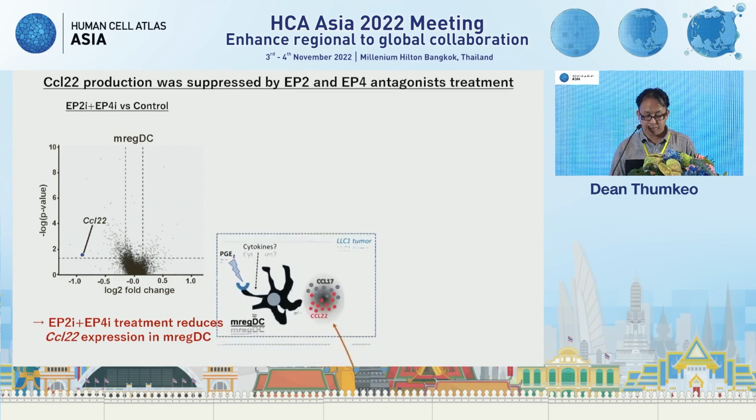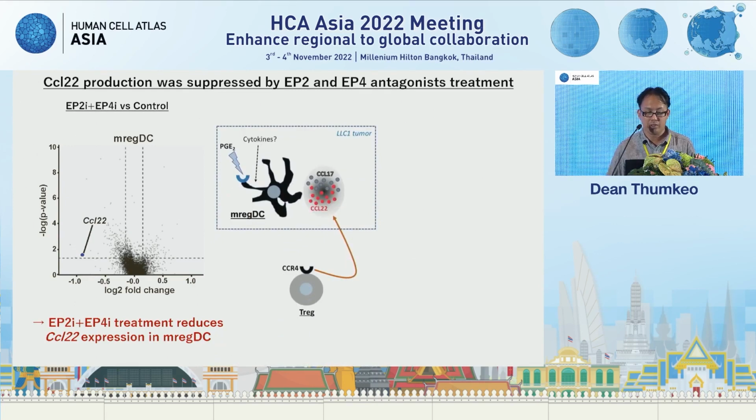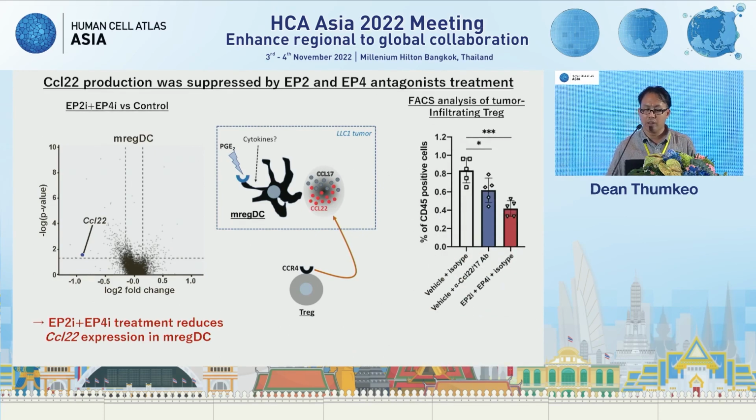Given that previous studies suggest that CCL22 and its homolog CCL17 work as chemoattractants for Treg, we speculated that it might affect Treg tumor infiltration. To test that, we conducted a FACS analysis of the tumor-infiltrating Treg cells.